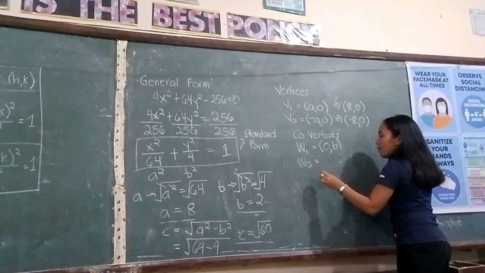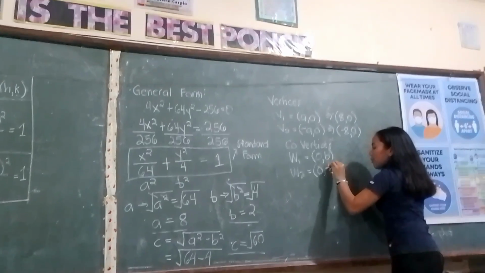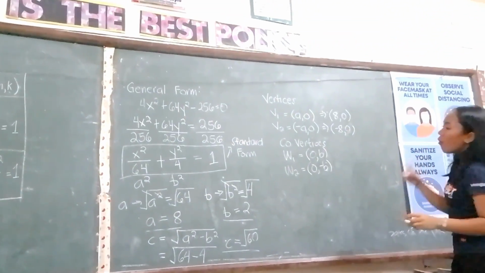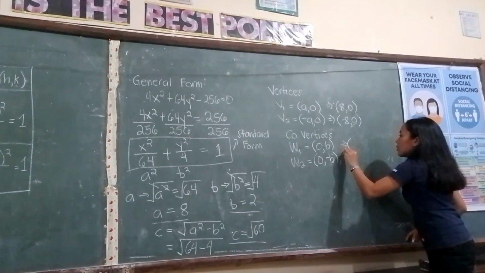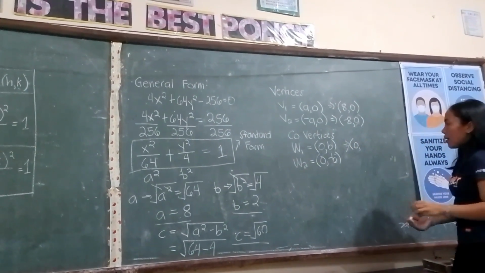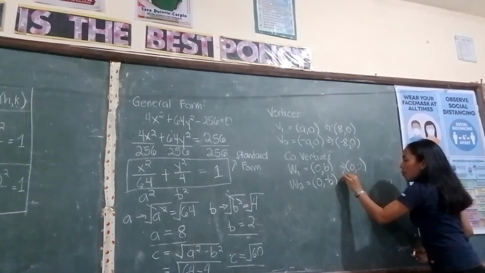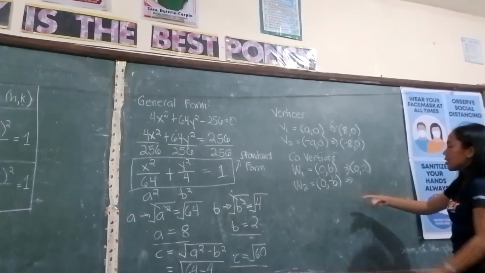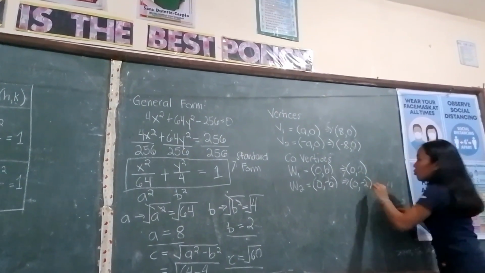And for the W sub 2, we have 0 and negative b. So our co-vertices are 0 and 2, and for our W sub 2, we have 0 and negative 2.